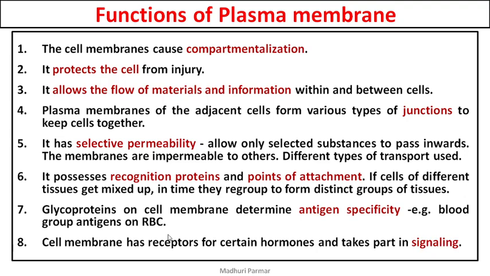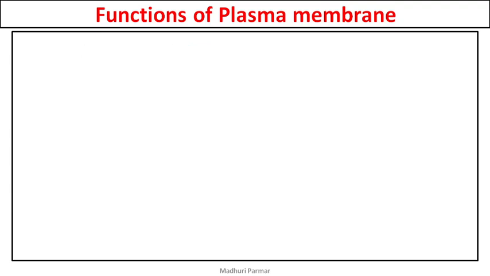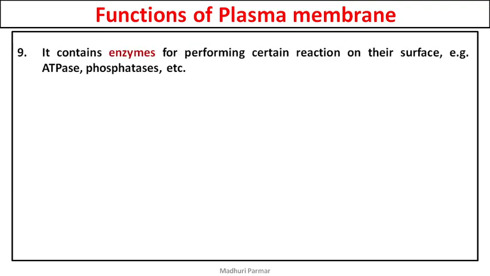Cell membrane has receptors for certain hormones and takes part in signaling. This we can discuss when we come to the hormones part, the chemical coordination part. You will study a little bit of signaling if I am the one teaching you. Then the plasma membrane contains enzymes for performing certain reactions on its surface, like ATPases.